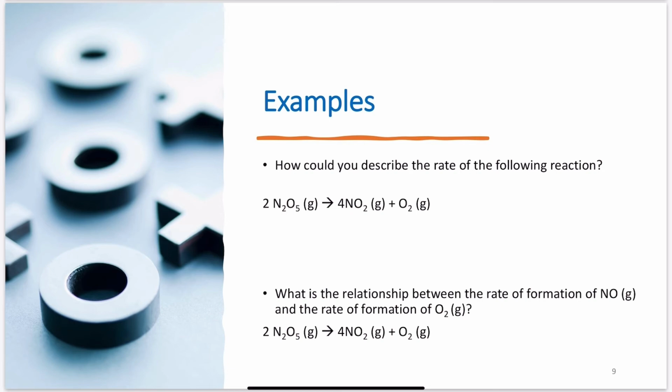What is the relationship between the rate of formation of NO2 and the rate of formation of O2? If I look here, again, same reaction. The rate of formation of NO2 is 4 times faster than O2.